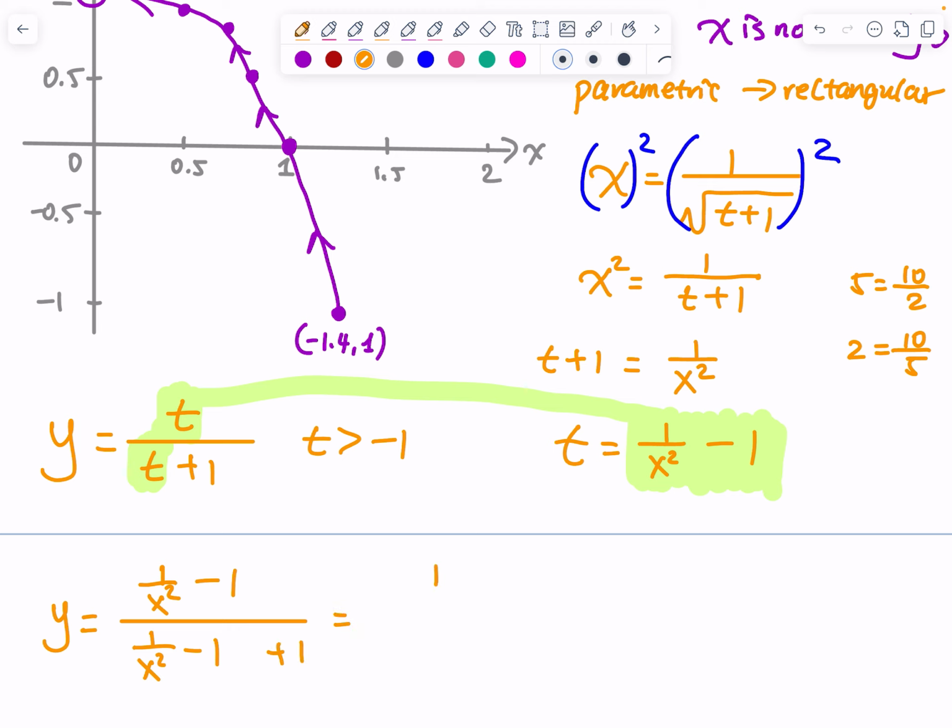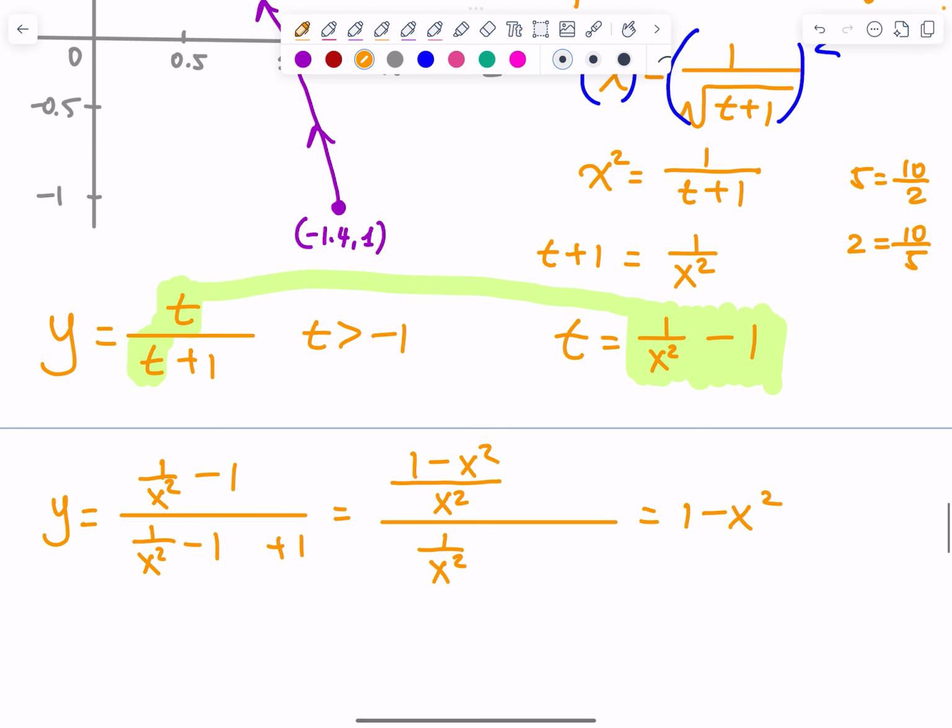So that is 1 over x squared minus 1, over, I can get a common denominator right now, this is 1 minus x squared over x squared. The x squared in the denominator gets cancelled, and then this is 1 minus x squared. So I have y equals 1 minus x squared, and this is my rectangular equation.